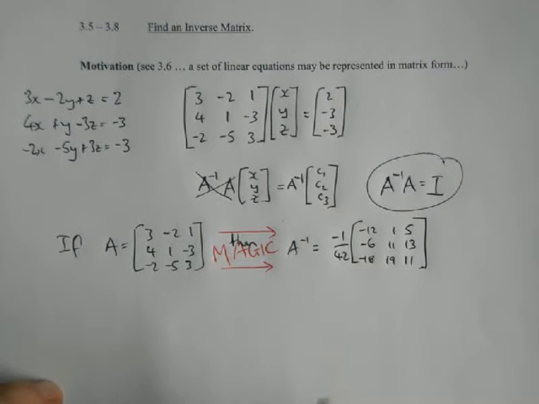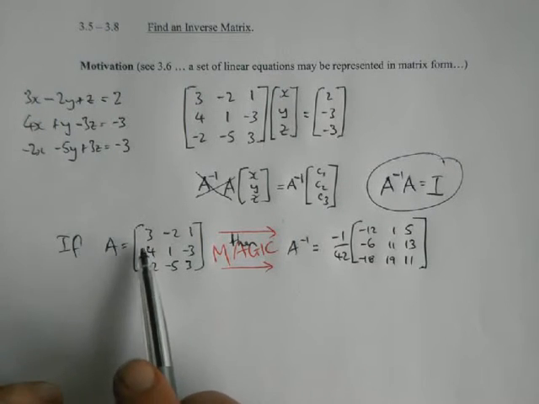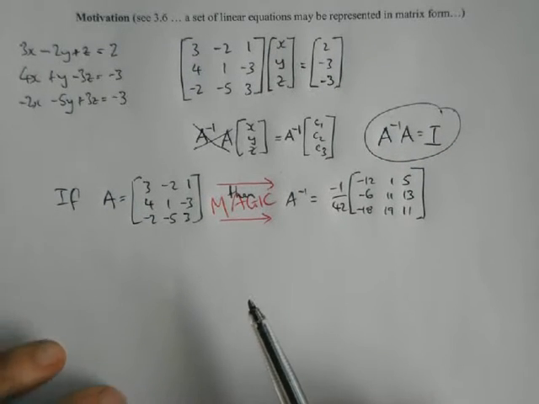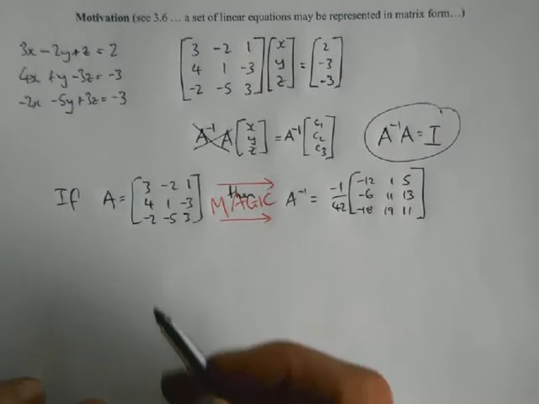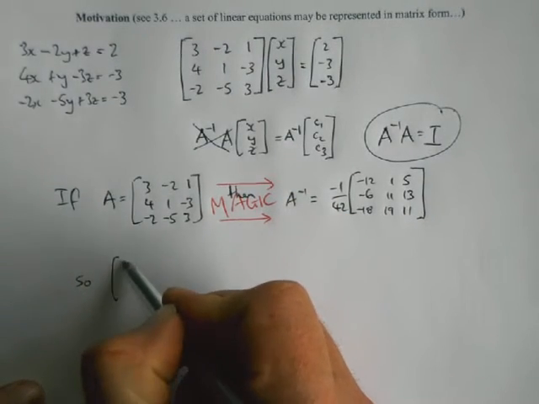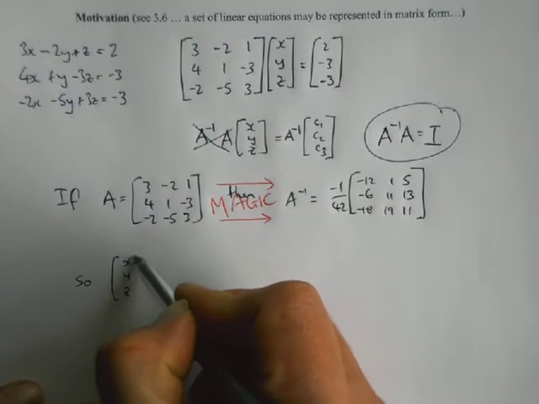Okay, at the moment, that is magic. You have no idea at all how I did that, and that's what I'm going to show you over the next half dozen videos, is how we turn a matrix into its inverse.